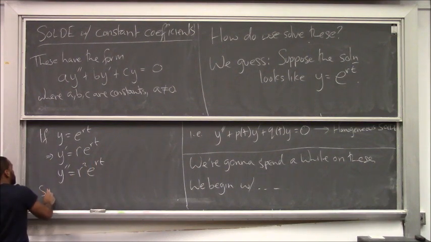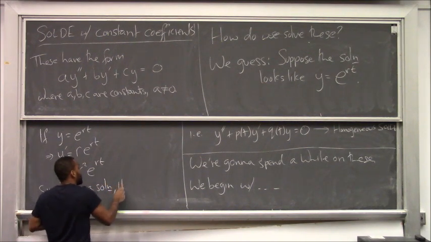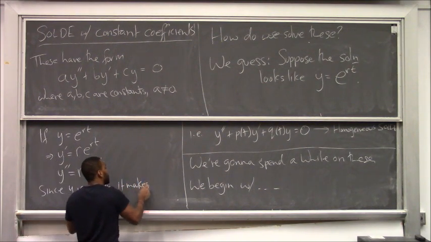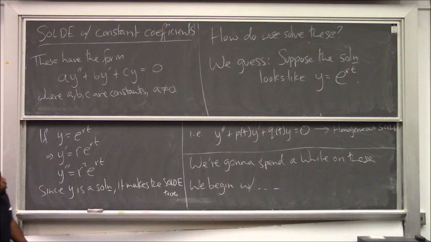Now, since y is a solution, it makes the ODE true, which means I can go back to that guy and plug in this for the y double prime, plug in that for the y prime, plug in this for the y.